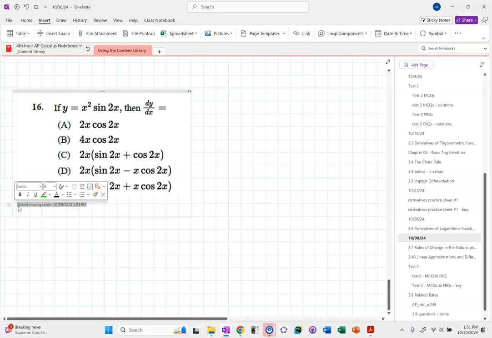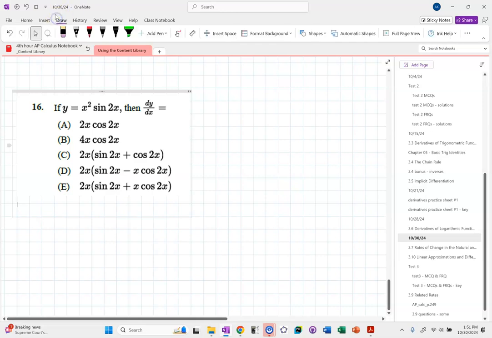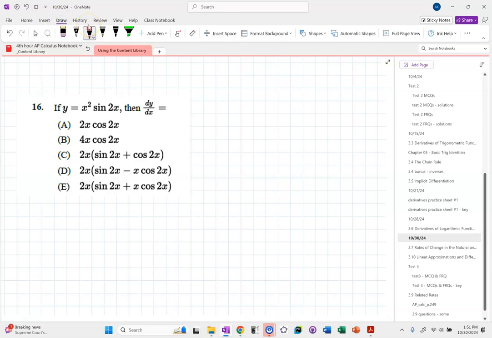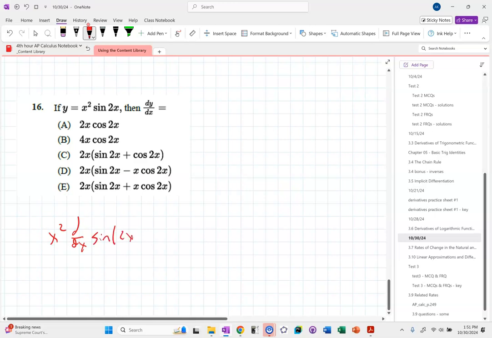Okay. When I look at this one, I see a product rule, then inside of that product rule is a chain rule, right? So if we do the product rule first, I'll write it out. So we have that.